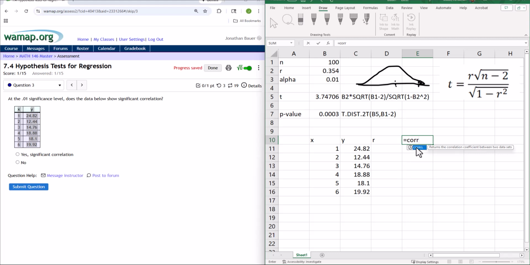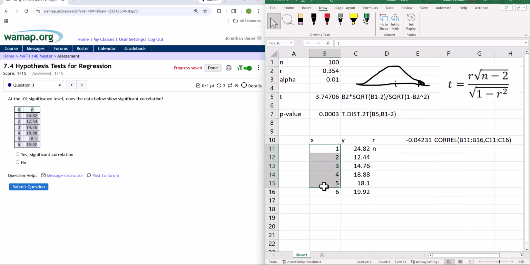We'll just use the CORREL function to find our correlation coefficient. Then we need to find the number of pairs of data we have. This one we could count because it goes 1 through 6, but if you're nervous you can use the COUNT function. We're looking at pairs, so our n is equal to 6.